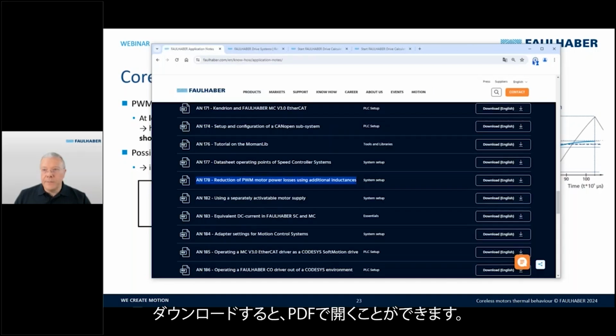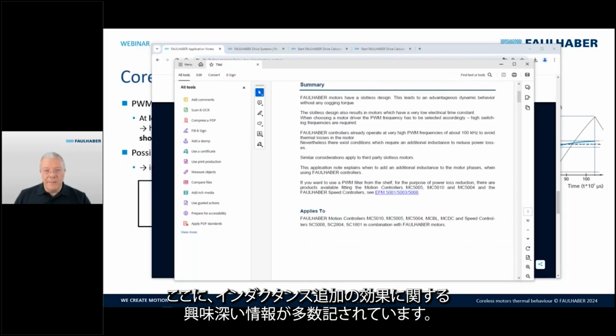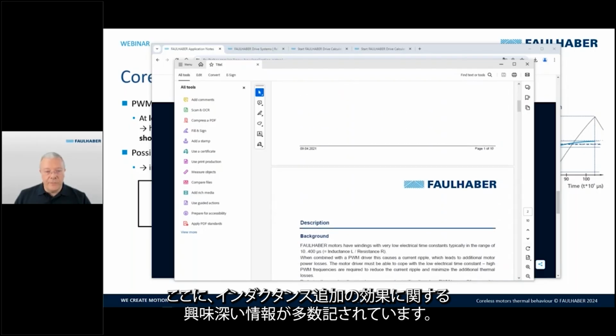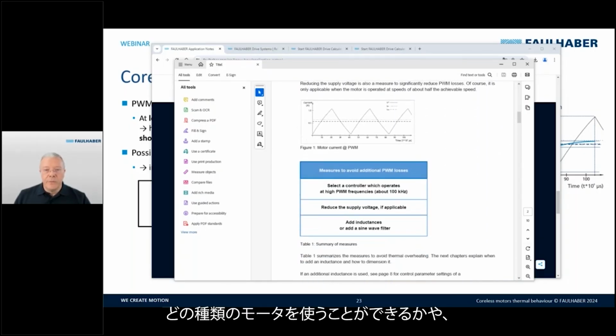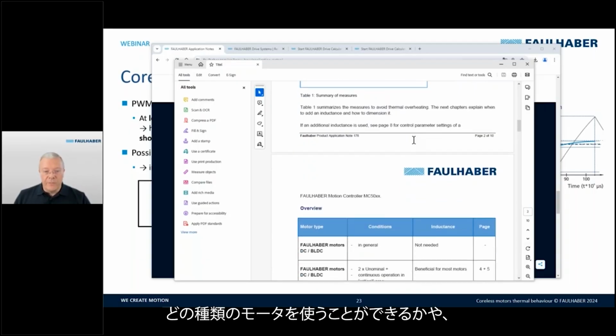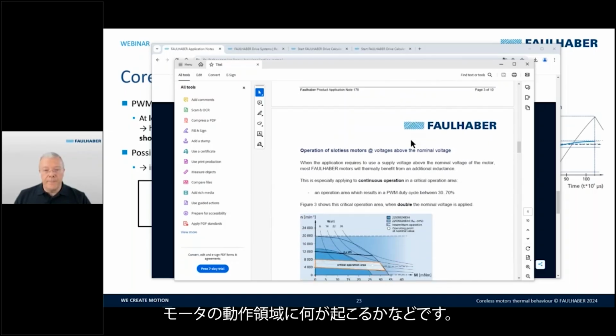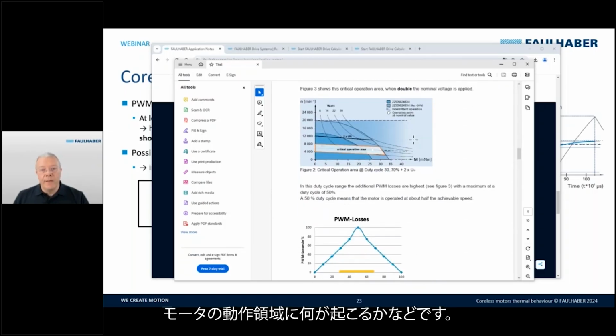If you download this, you can open it with a PDF reader, and here you can find a lot of interesting information related to the effect of the additional inductance, which kind of motor you can use, what happens to the motor operating area, and so on.